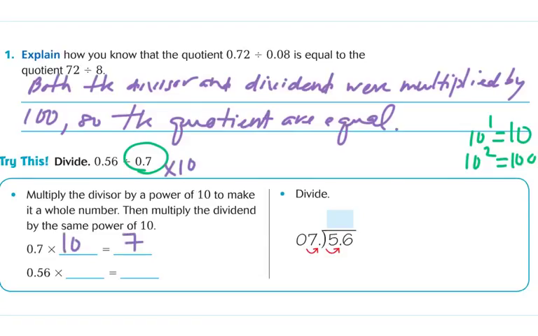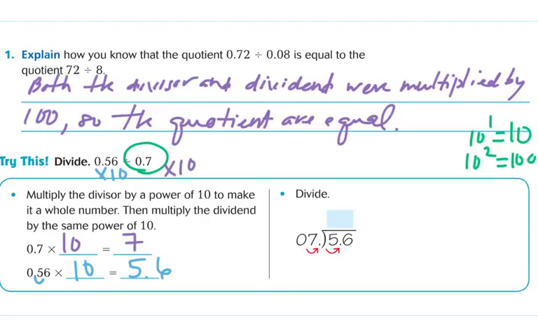So, boys and girls, if we multiply 7 tenths by 10, we would get the answer of 7. Now, boys and girls, remember, if we do it to the divisor, we must do the same thing to the dividend. So, if we multiply 56 hundredths by 10, we would gain 1 decimal place, and we would get 5 and 6 tenths. So now what we would do is we would divide.